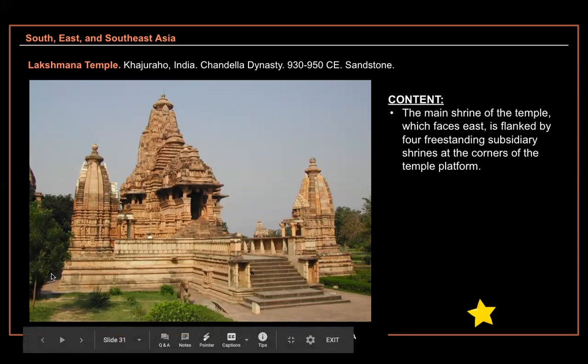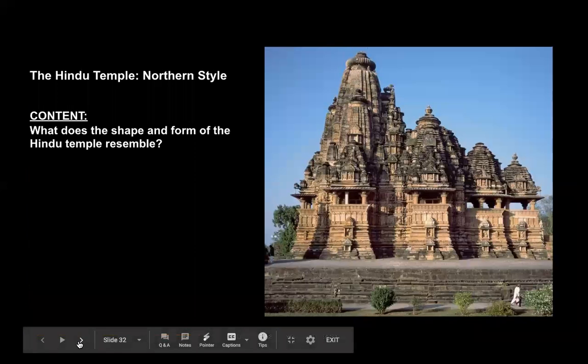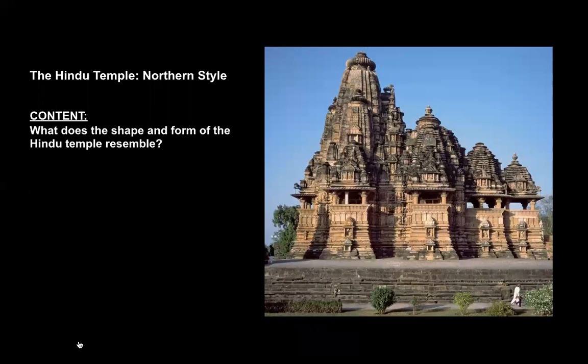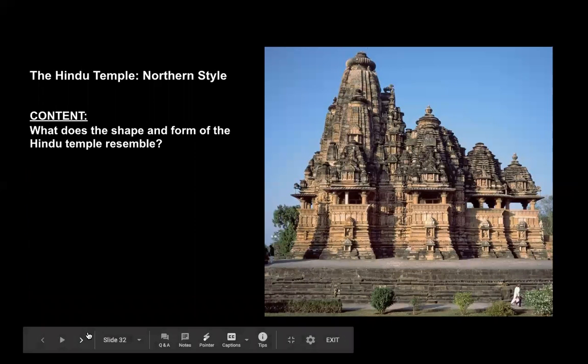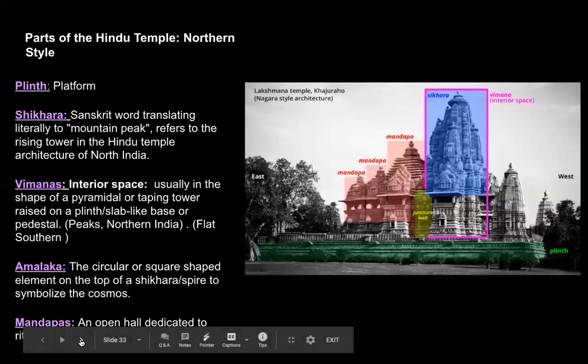It's raised up on a plinth or a platform with a central staircase leading up. At the very top it has several peaks, and this is very traditional of the northern style of Hindu temple. From the video, you might remember that these represent mountain ranges, where the gods live.